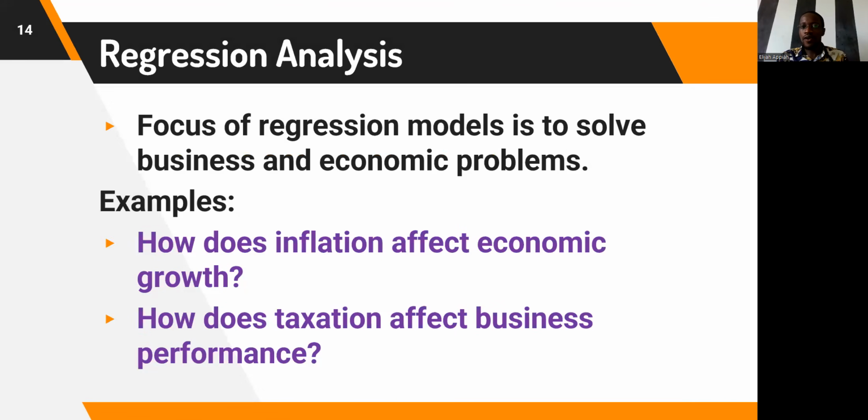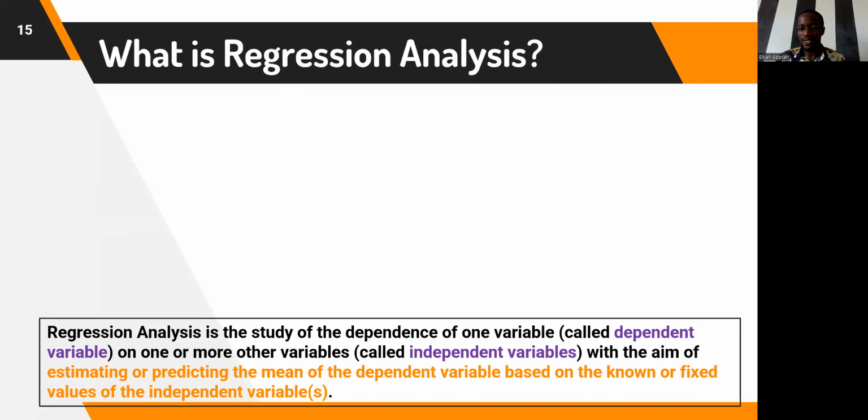And so the focus of regression models is to solve business and economic problems. And typical examples include, maybe we are trying to look at how inflation affects economic growth. Also, we can want to look into how taxation affects business performance. So we have an economic problem, we have a business problem, and regression model is there to solve it for us. So what is regression analysis?